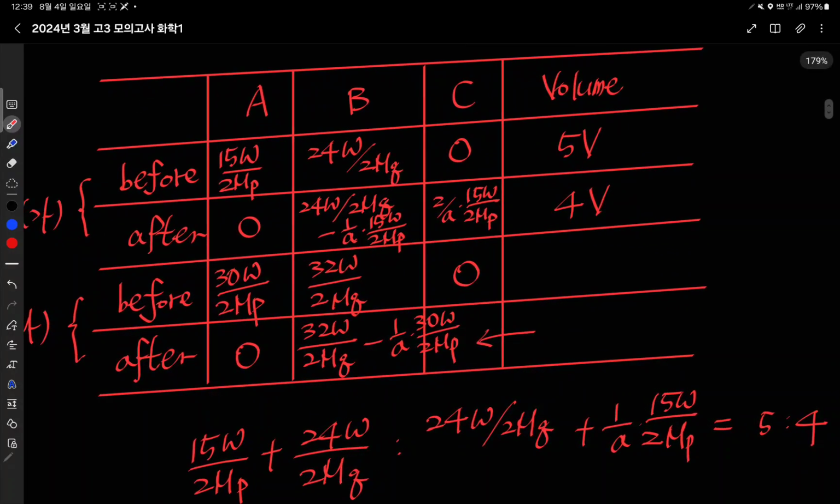And the amount of C will be A over 2 times the amount of A used in the reaction.